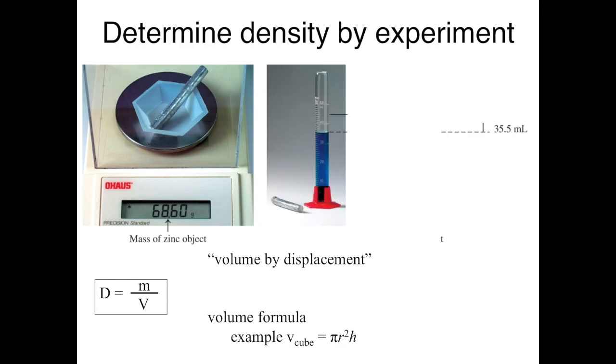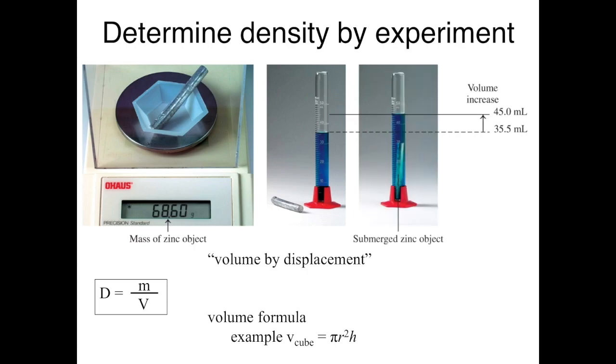First, you will need a graduated cylinder and you fill it up with a certain amount of water. You take note of that starting volume of water, in this case 35.5 mL. Then you put that metal piece or any object into that water and see how much water it displaced. The amount of water displaced is the amount that rose up after you put in the metal cylinder.